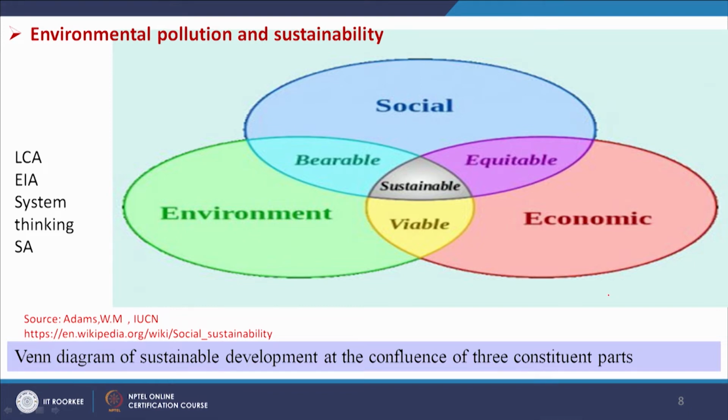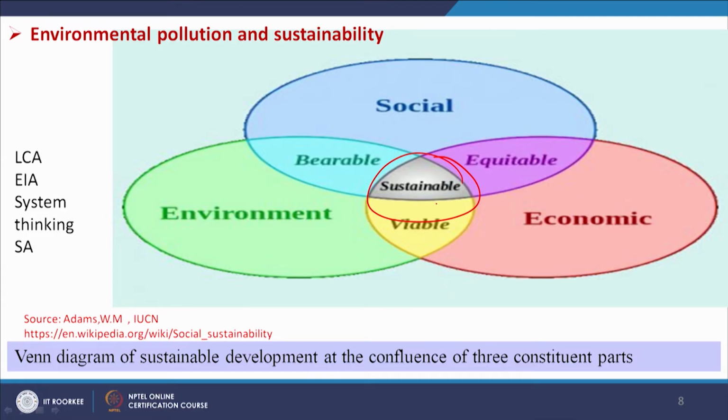We know to make a system or a process sustainable, it has to be economically viable, it has to be environmentally bearable and it has to be socially equitable. So, this zone is our sustainable zone.